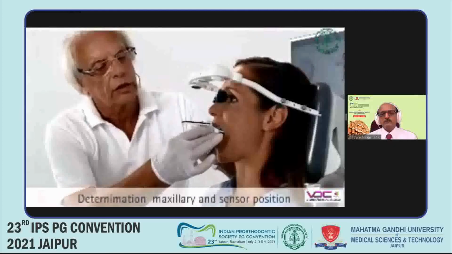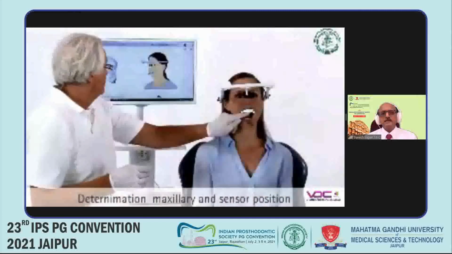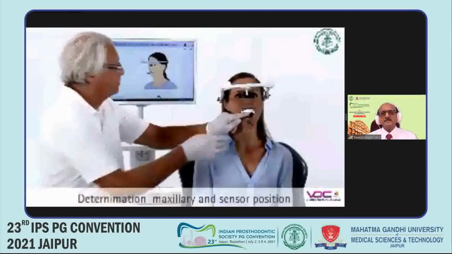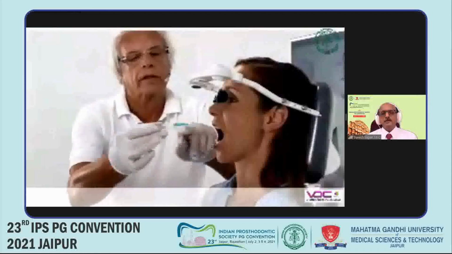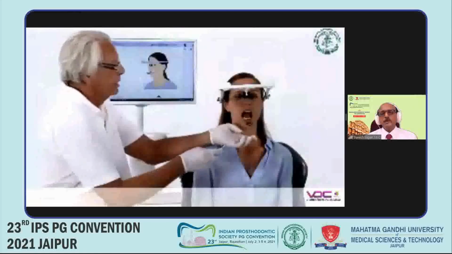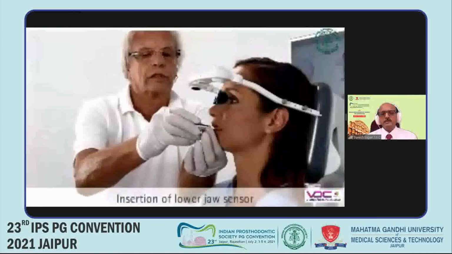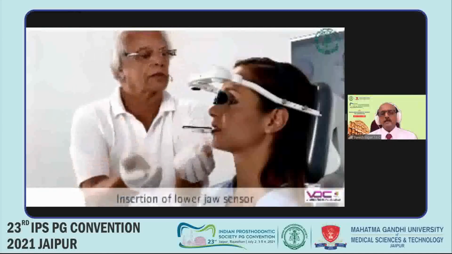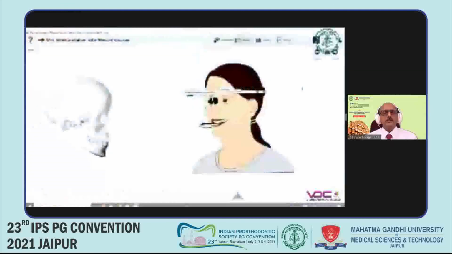You record the position of all of them. Once it is done, it can now record the movement of the mandible. It can also record the angulations of the condyle and anteroposterior positioning. All that it can do now.